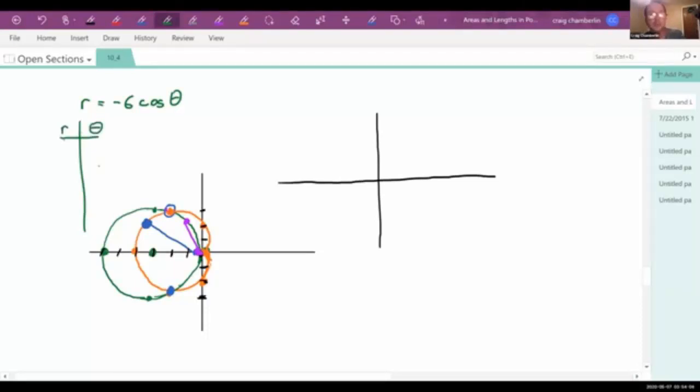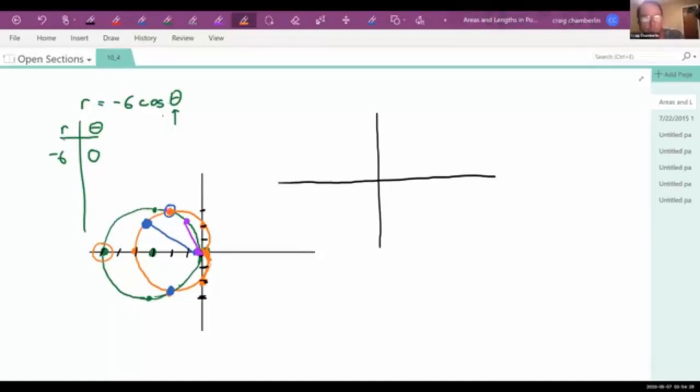You'd maybe start at theta equals 0. Now, if you plug 0 in there, you don't get 0 popping out. Cosine of 0 is 1 times -6 is -6. Oh, look. When you plug in theta equals 0, you get this point, which isn't anywhere near where we want it.